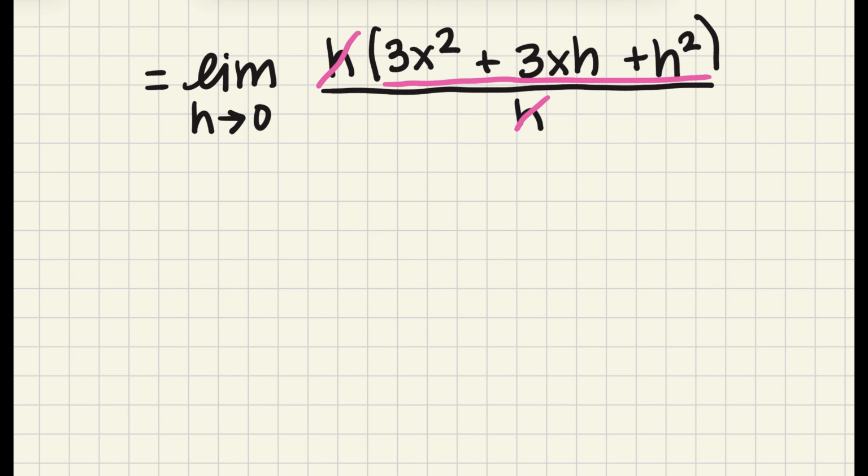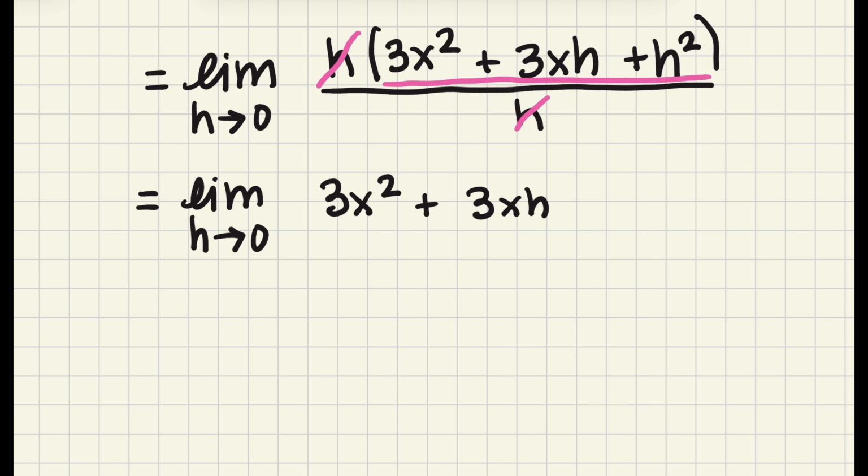Okay, so now what we're left with is the limit as h approaches 0, 3x squared plus 3xh plus h squared. And there's no way to simplify this anymore.